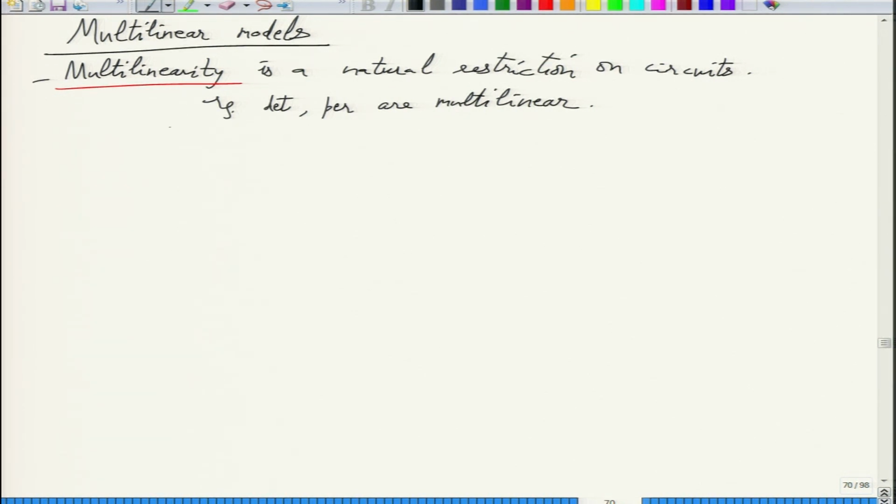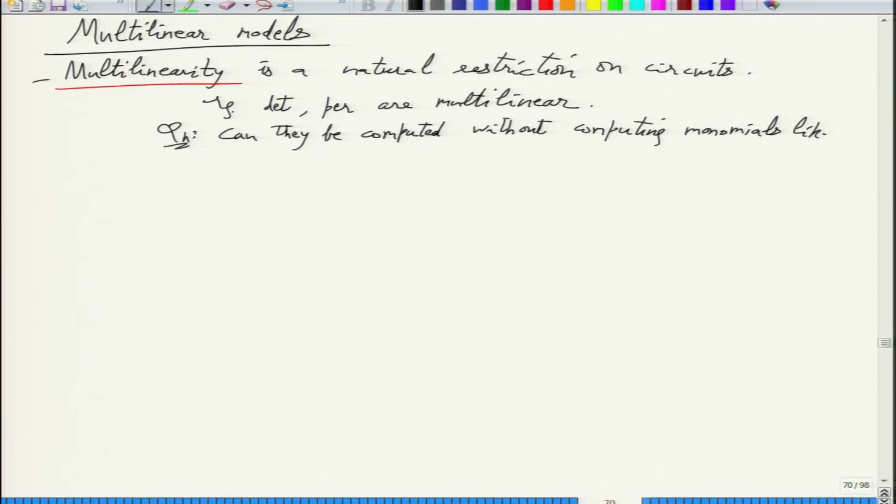So can they be computed without computing squareful monomials like xi to the j for j greater than 1?